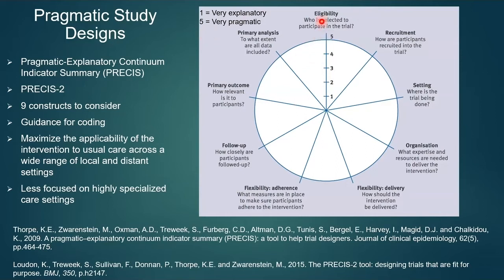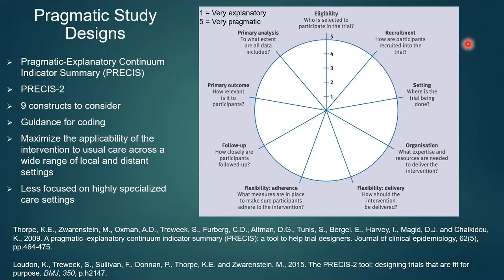So the contrasts include eligibility, who is selected to participate in the trial, and a 5 might be that there are no exclusion criteria, which is optimal, because in real life, in public health interventions, typically no one or almost no one is excluded, versus 1 where there's a very long, complex set of exclusion criteria. And this is typically what we see in efficacy trials of experimental drugs and treatments.